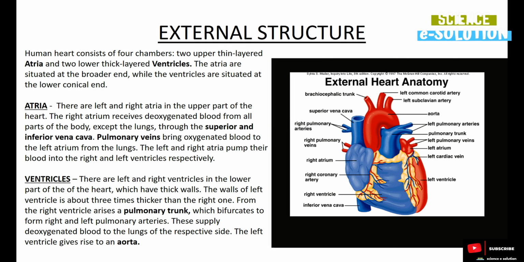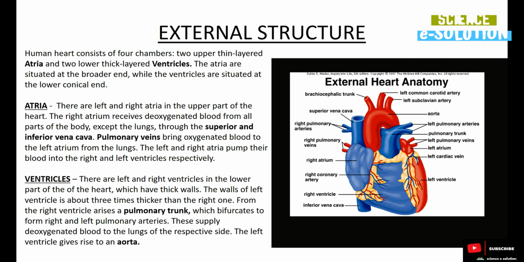Atria, there are left atrium and right atrium in the upper part. The right atrium receives the deoxygenated blood from all the parts of the body except the lungs through the superior and inferior vena cava. You can see in the picture the superior vena cava, it collects the blood from all the upper body parts.